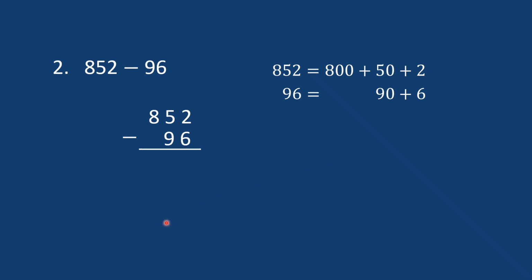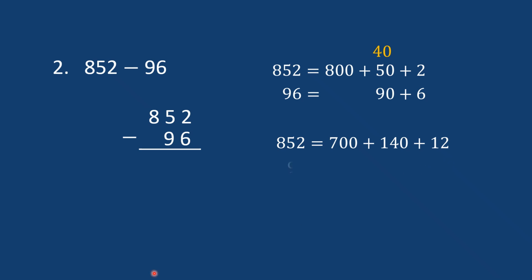Let us show that below. So 852 is equal to 700 plus 140 plus 12. 800 became 700 and 40 became 140, 2 became 12.